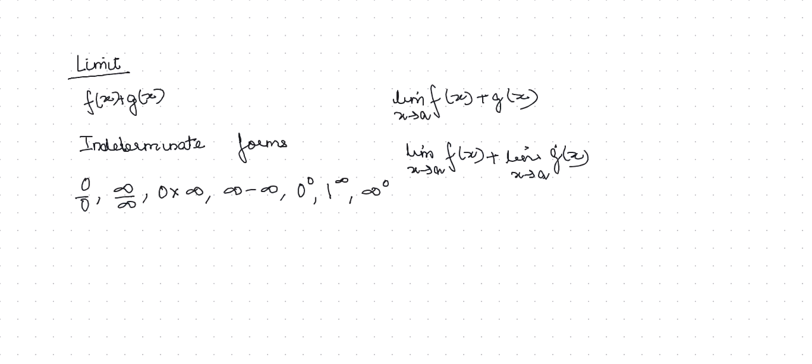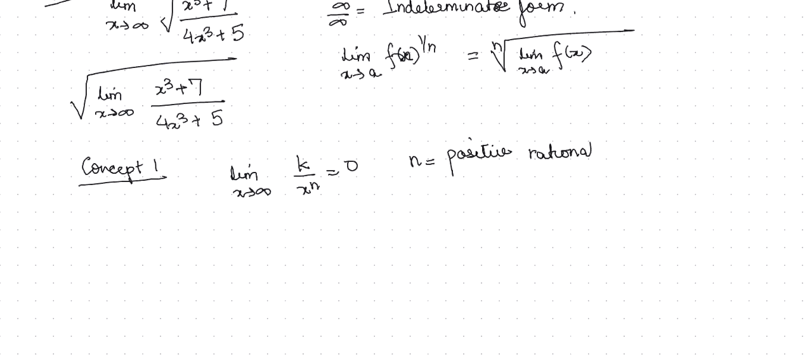The first concept is that the limit as x tends to infinity of k over x^n is equal to 0, where n is a positive rational number and k is a real number.